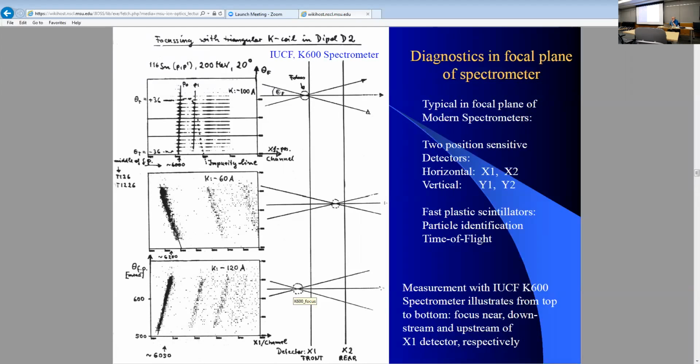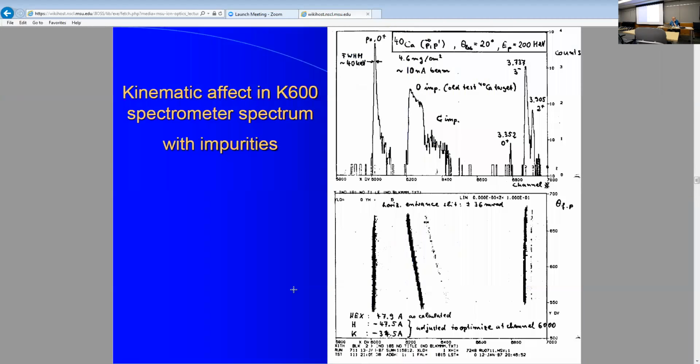So if you have here a spectrum, then you look only at the X, or the projection of all particles for all angles in X, which is shown here. And you see here the impurity oxygen. Because of the different kinematics, they focus at a different location, not in the focal plane where your reaction you have optimized for, in this case, calcium (p,p') at 200 MeV, but they will be tilted.